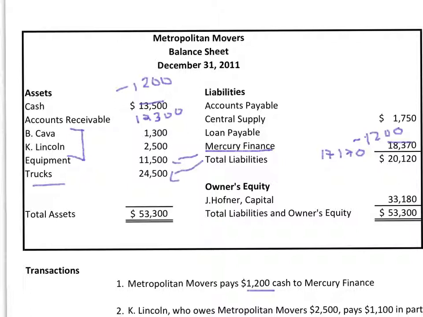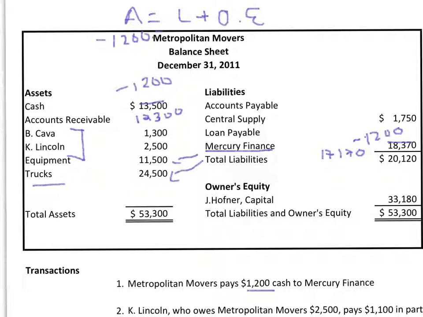Does this affect capital at all? Probably, since the total... well, if I subtracted 1,200 here, and I've subtracted 1,200 here, it wouldn't affect capital, but it affects assets and liabilities. Think of your good old fashioned algebra.